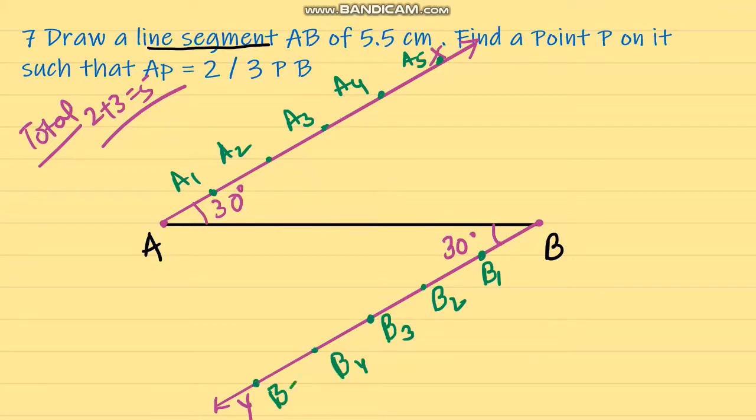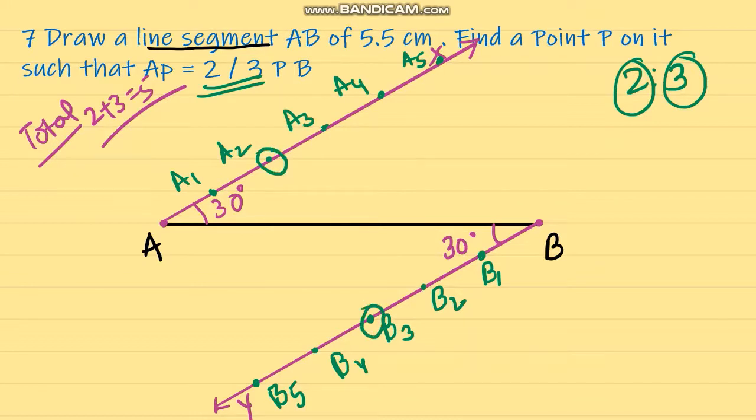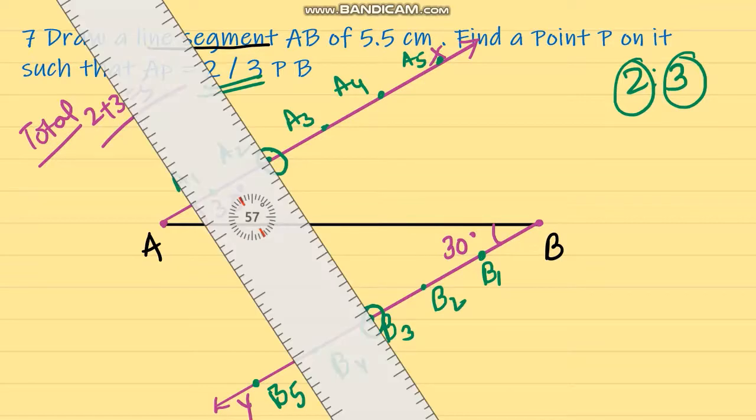So this is how you got the intersecting points. Now you need 2:3 ratio. So 2:3. Now this 2 denotes A and this 3 denotes B. So you have to join A2 with B3. Now take a ruler and join A2 with B3.